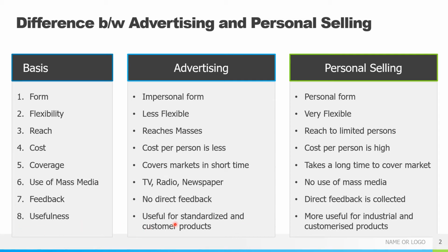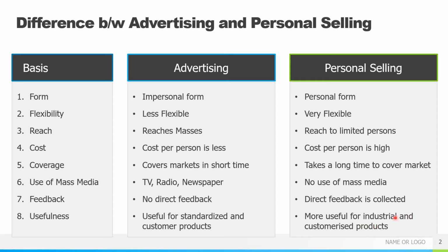Usefulness. Advertising is useful for very standardized products, which are products of daily use, which can be visible on a TV screen, and we can keep on buying those products regularly for a period of time. But advertisements cannot be possible for industrial or customized products. That means products which are tailored, which are made as per the customer needs.